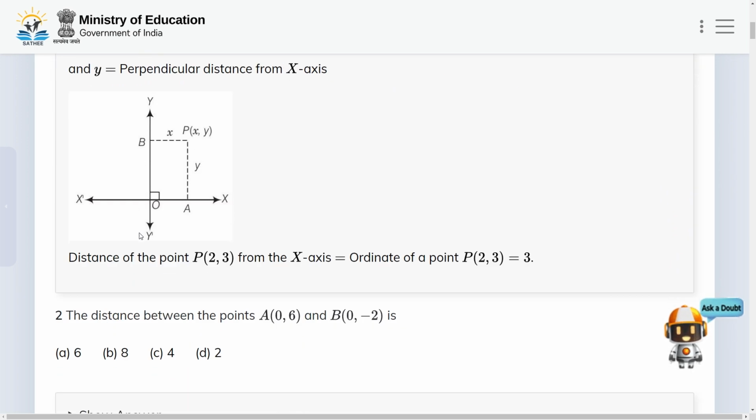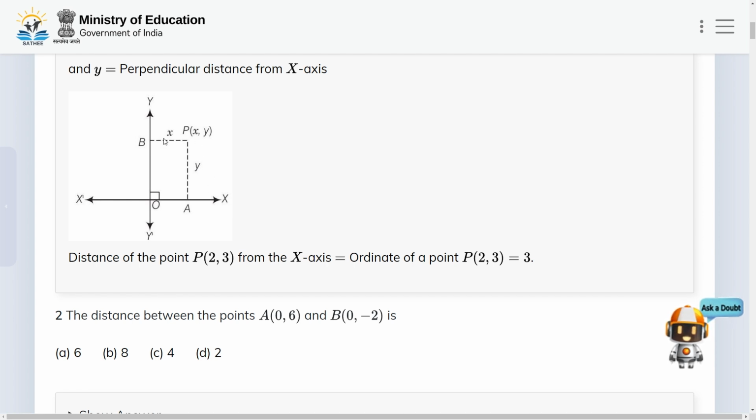So here we need to find the coordinates of the point P(2, 3). You can visualize that this distance is the distance from the y-axis and this distance is the distance from the x-axis.